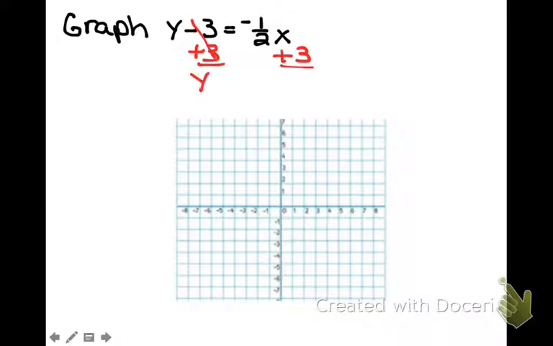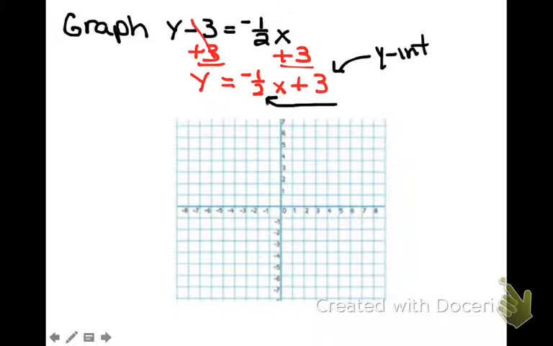So now we have y equals negative 1/2 x plus 3. 3 is our y-intercept, and the negative 1/2 will be our slope. Remember, rise over run. So the negative 1 is up and down, and the 2 means we're going left to right.